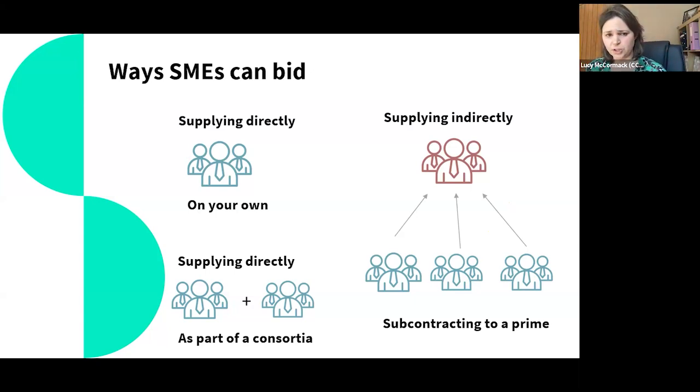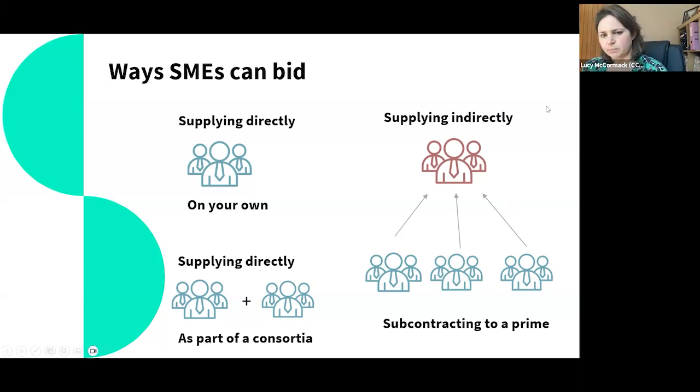Obviously, you have the option to bid directly, where the services that you offer are a match for the requirements and the scope. And then you also have the opportunity to supply indirectly, as I previously mentioned, through the subcontracting route, subcontracting to a prime.